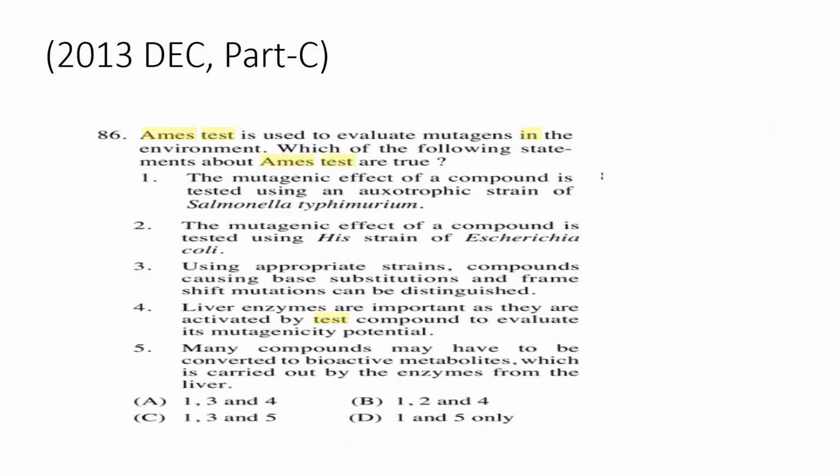Now in the same year, a question came in part C, that is the 4-mark question. The Ames test is used to evaluate mutagens in the environment. Which of the following statements are true about this test?